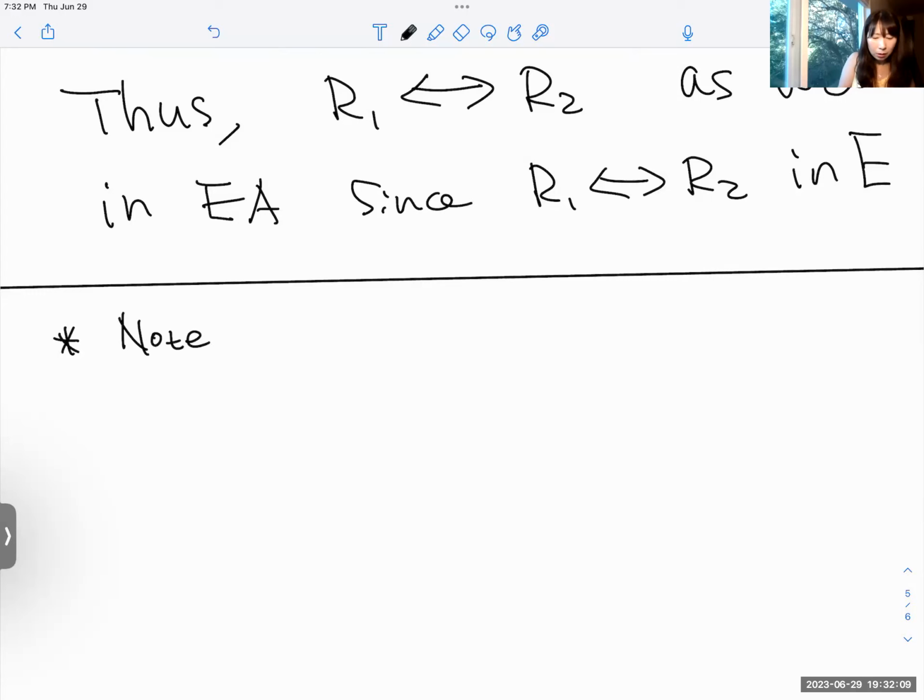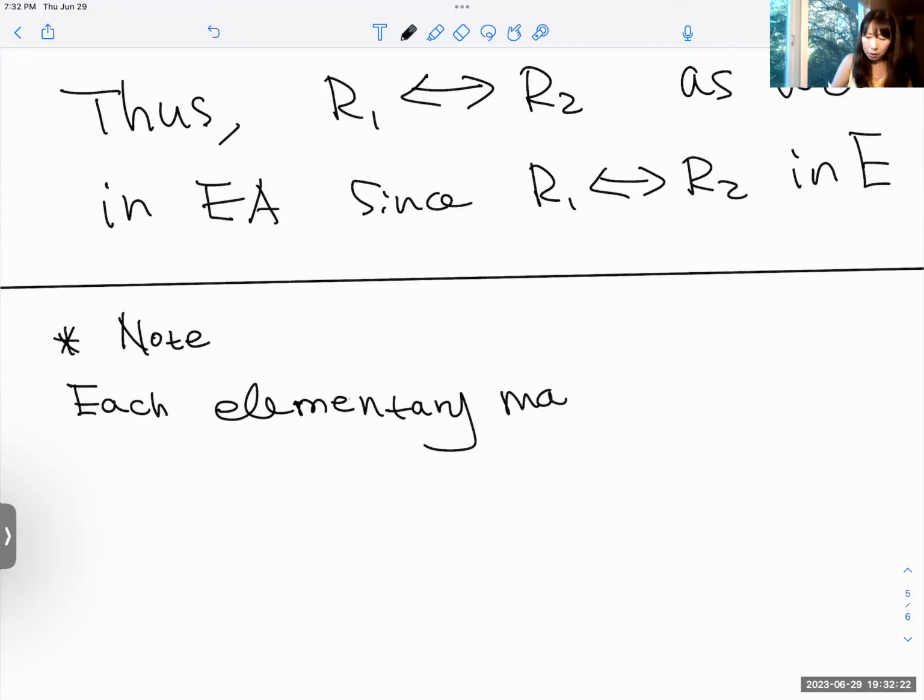Note: each elementary matrix is invertible.